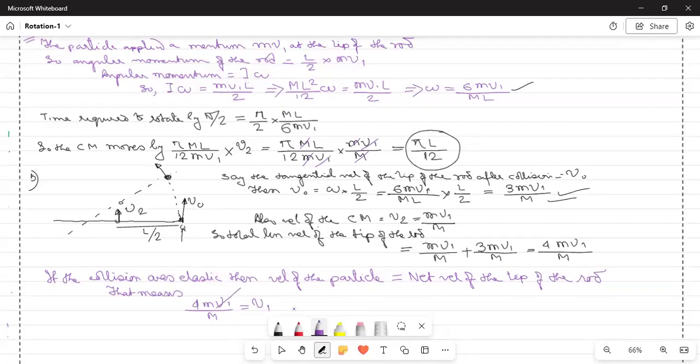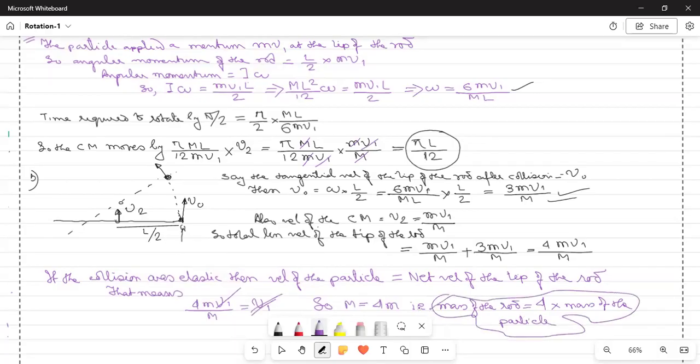So v1 gets cancelled. So we get the condition capital M is equal to 4m. That is, the mass of the rod is equal to 4 times the mass of the particle. So this is proved. Fine. So we ended this problem here. Now we go to the next problem.